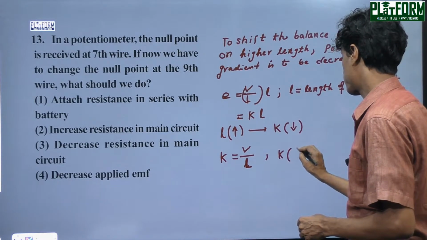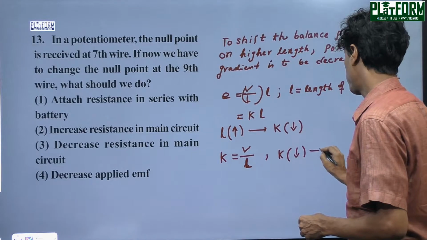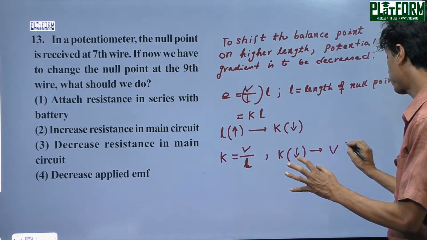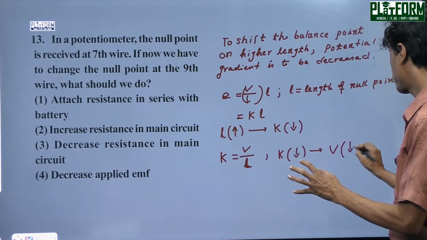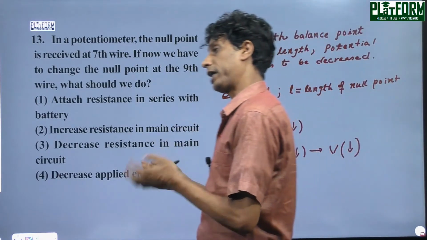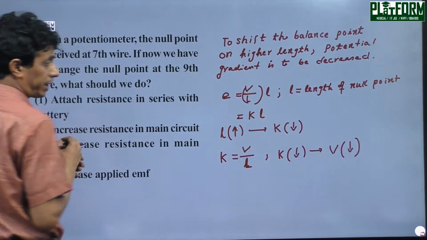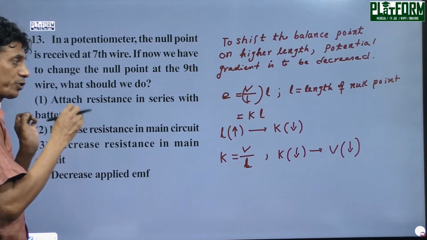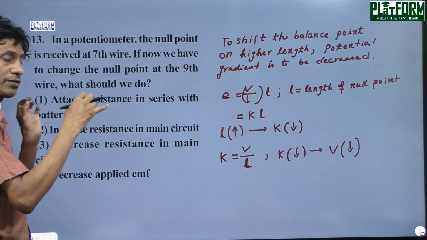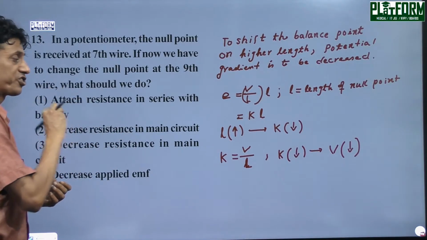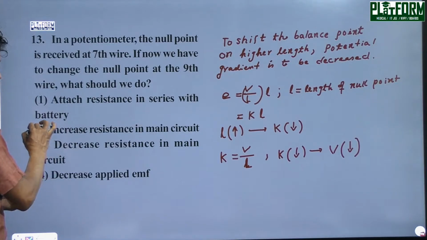Since K is decreased, if we want to decrease the potential gradient, then we have to decrease the potential difference across the potentiometer wire, and this can be done by connecting an external resistance across the potentiometer wire or across the reference potential. We have to connect a resistance in series. So the right option here is 2.